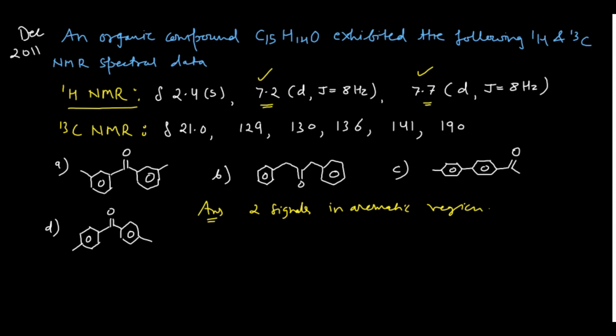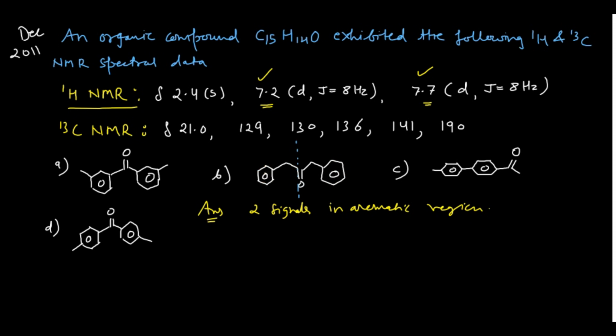See, if you put the symmetry plane from here to here, this part and that part are equivalent, so you will get one signal for this benzene, and since this benzene is also equivalent to this one due to the symmetry plane, these two benzenes will give you only one proton NMR signal.